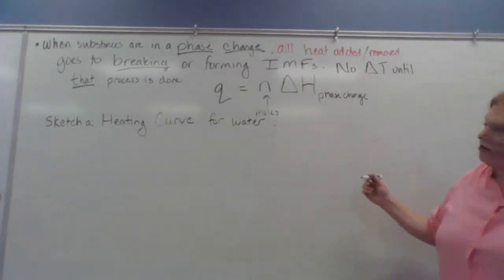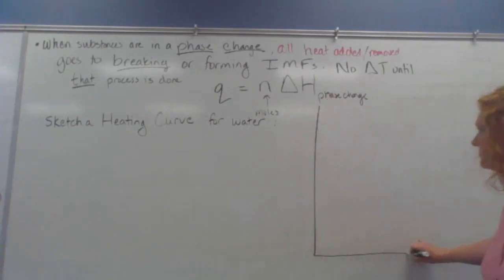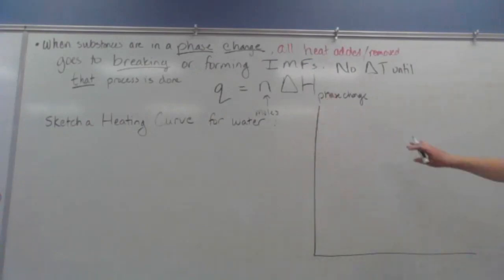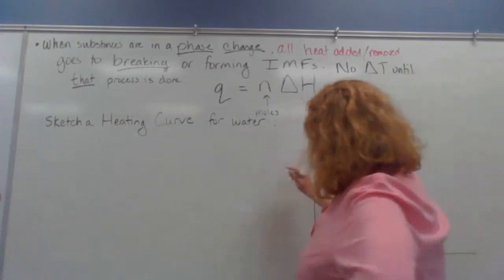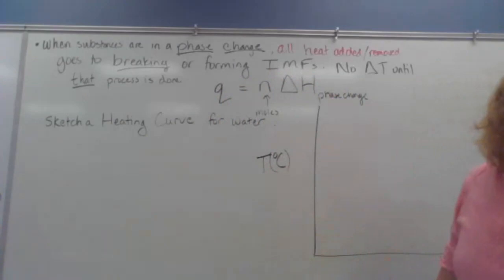So when we talk about a heating curve, what I want you to plot is an XY graph. On the y-axis, I want you to plot temperature in degrees C. And on the x-axis, a heating curve means we're plotting the amount of heat or energy added or removed. If we're heating something, are we adding heat?